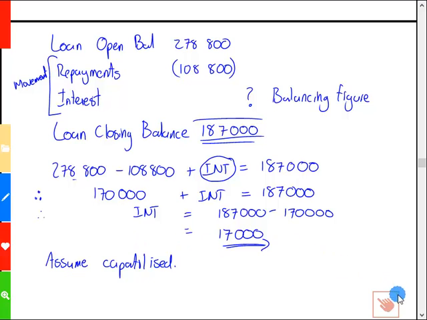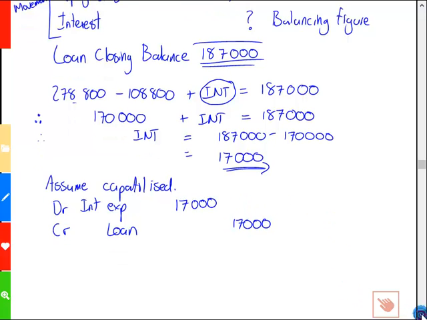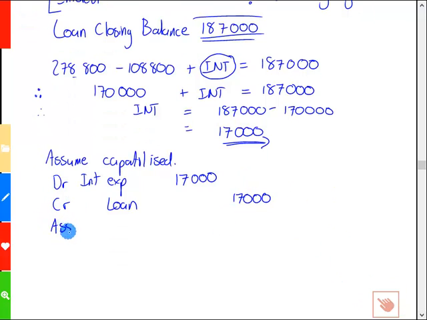Right, so what will our entry be if we capitalize this? What do we debit? What do we credit? We need to increase our interest expense by 17,000 Rand, and we need to increase the loan amount by 17,000 Rand. Okay, alternatively, if it was not capitalized, you would say assume not capitalized.